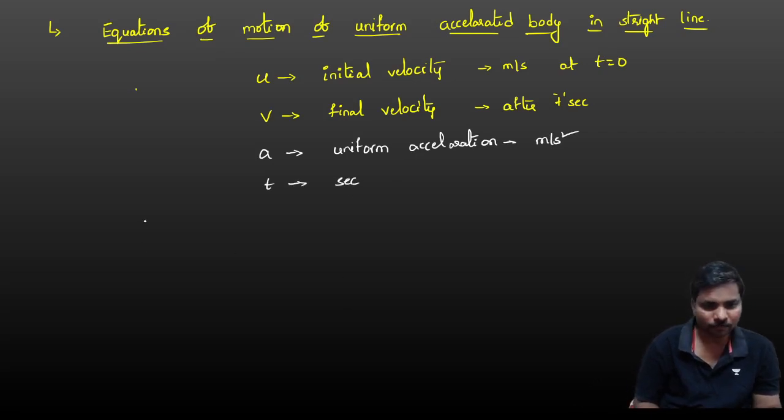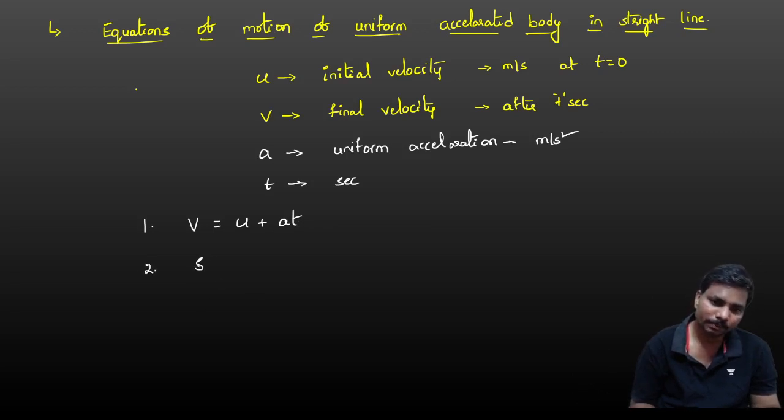In this case, the first equation of motion is v = u + at. The second equation: here s is the displacement or distance.